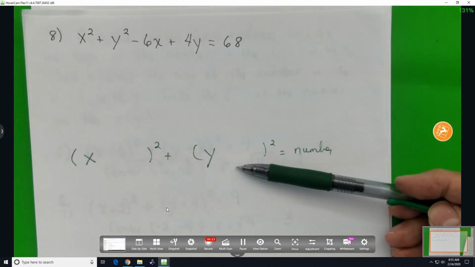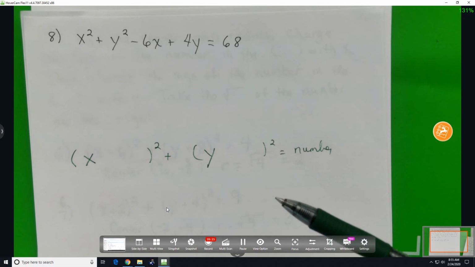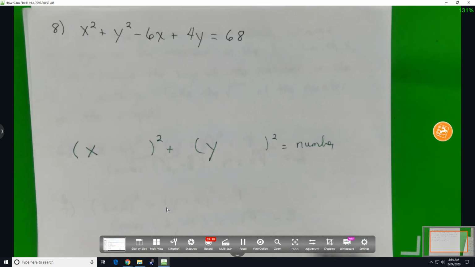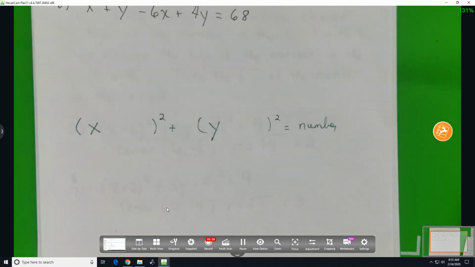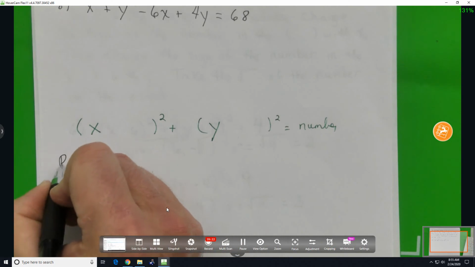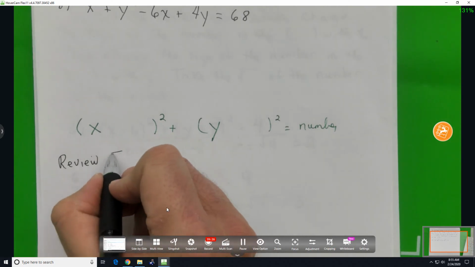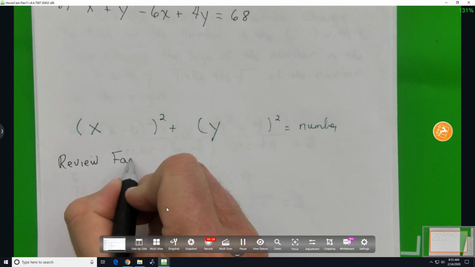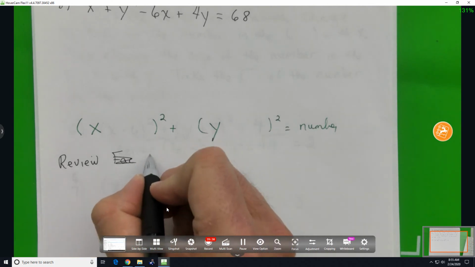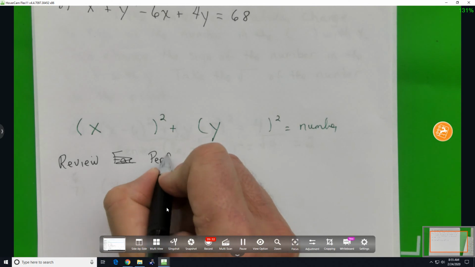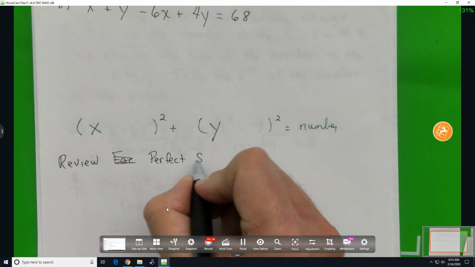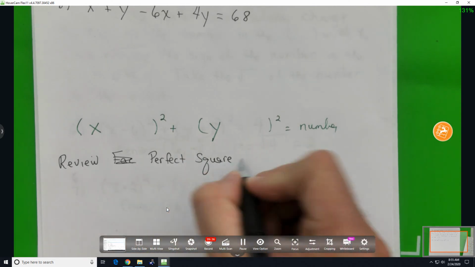And there's a pattern for doing that. Before we actually discuss it, I want to review some factoring. Let me word it this way: perfect square trinomials.